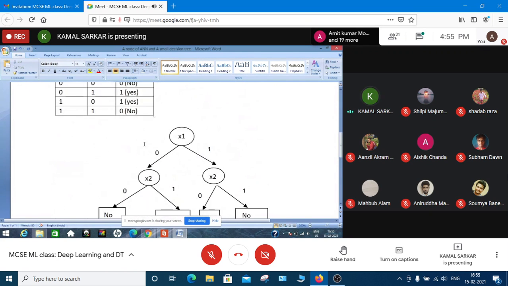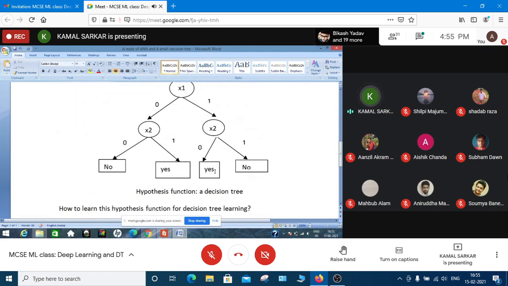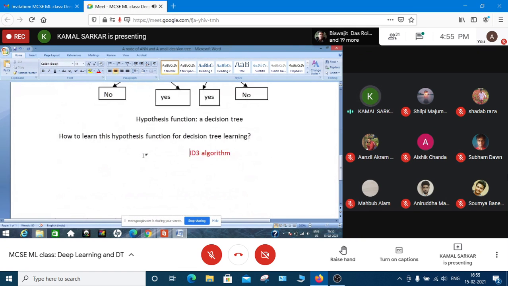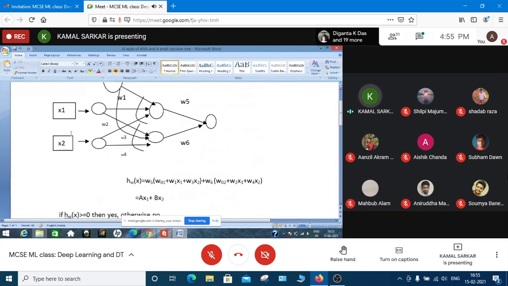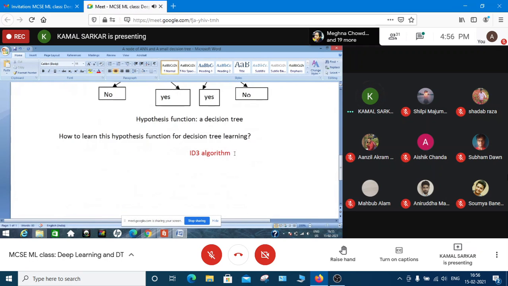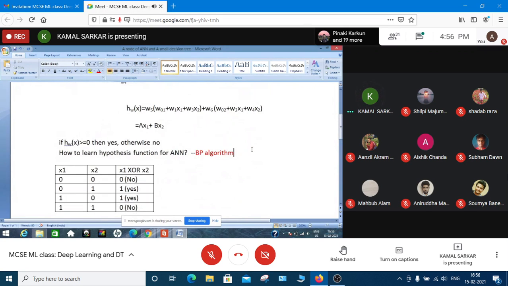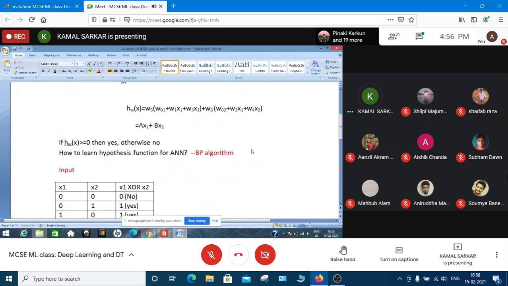One of the important differences is that the hypothesis representation in the case of ANN and in the case of decision tree is totally different. And the third difference is very important: the neural network has the ability to handle numeric input. Here the input can be either continuous or discrete.